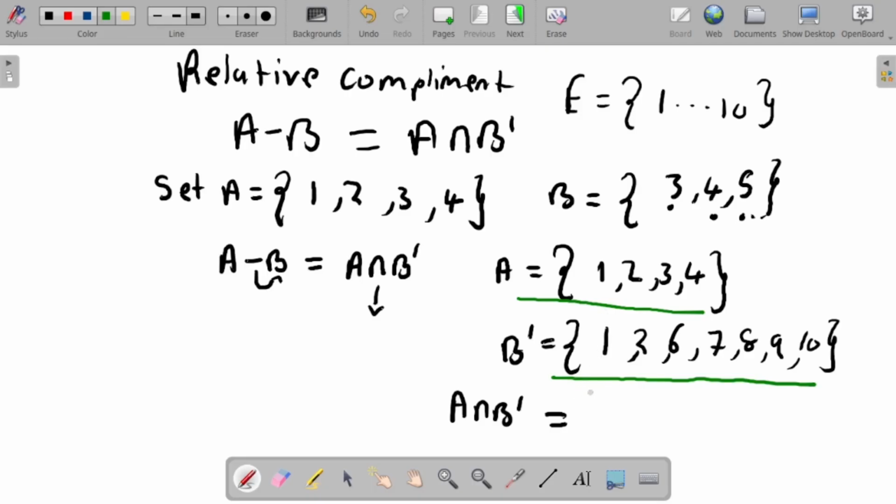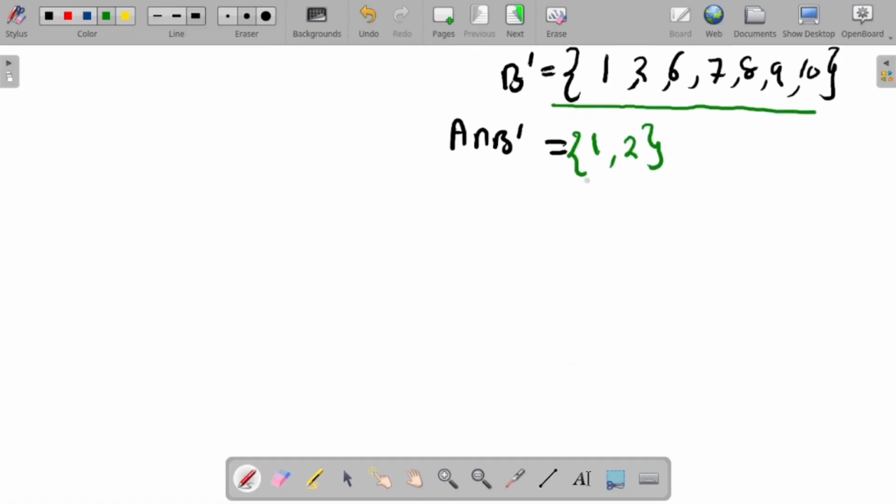I'll realize the answers are just 1, 2, 3. 3 is not part, sorry. That is 1, 2. I think it's just 1 and 2. These are the only elements that belong in A intersection B complement. Like that, it means that you are done.